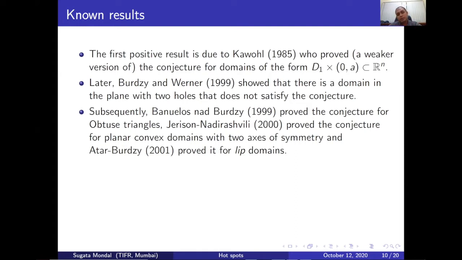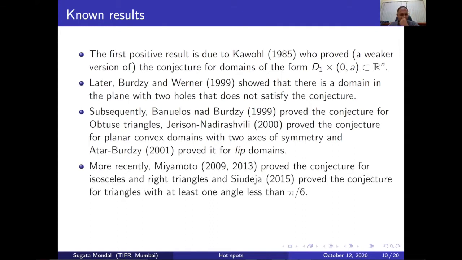Just to give you an idea, lip domains are domains in the plane. They need not be convex. They are domains with boundary that can be decomposed into two parts, so basically these domains are bounded by the graphs of two functions with Lipschitz constant less than or equal to 1. They were able to prove this conjecture for this kind of domain.